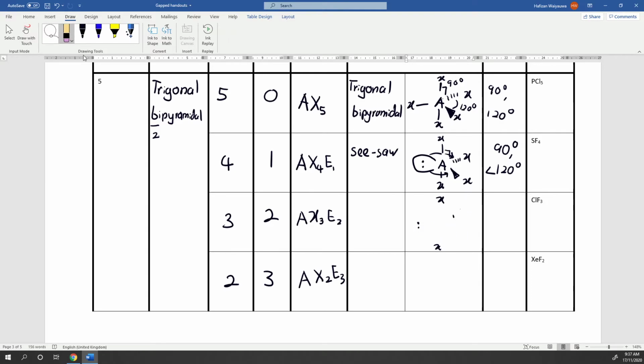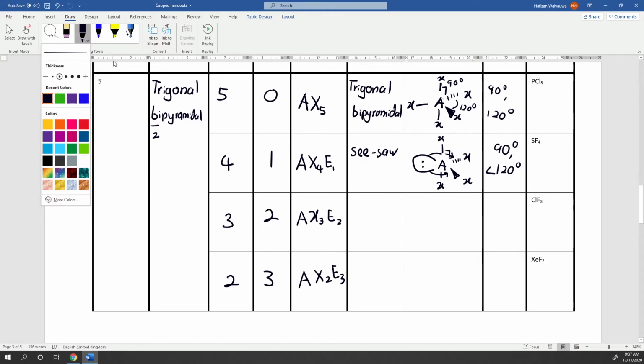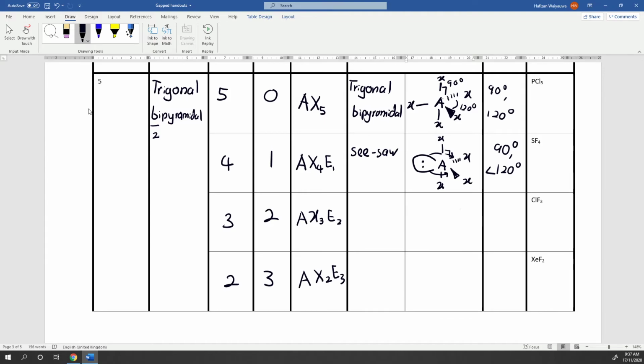is kita lukis T. So okay, kita lukis T. And we have two lone pairs.